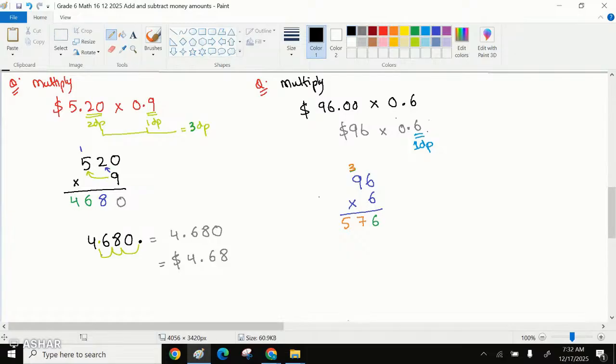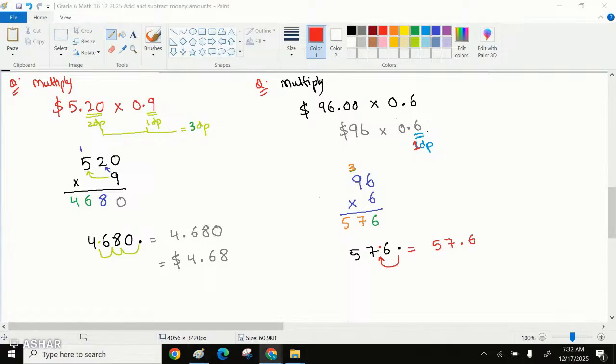So we can write this as 576, and the decimal position is over here. And then how many places do we need to move? We need to move one decimal place, so we bring the decimal over here. So we can write this as 57.6. Agreed.